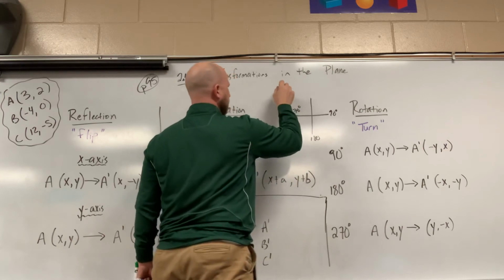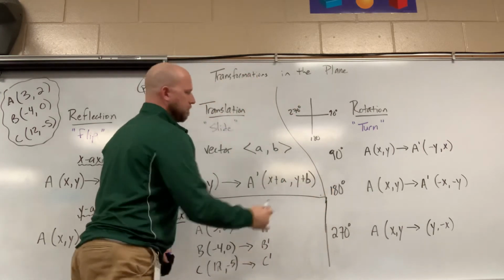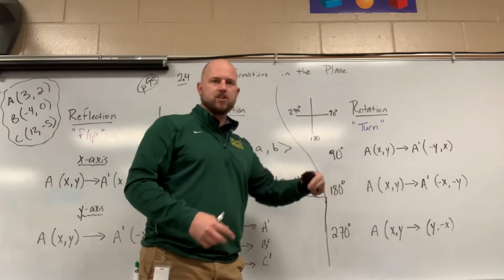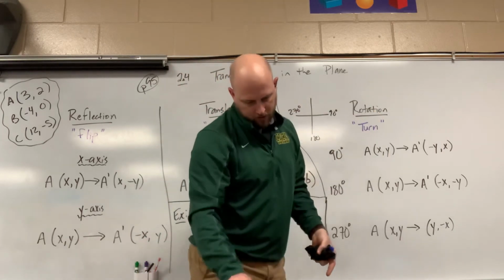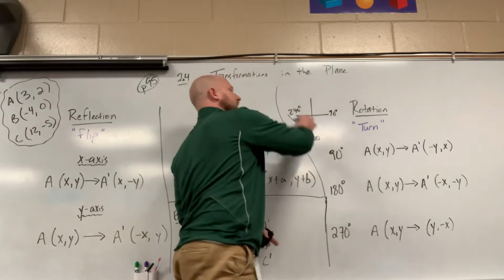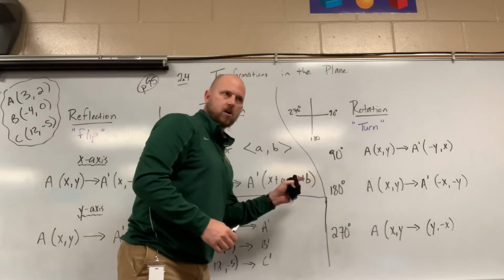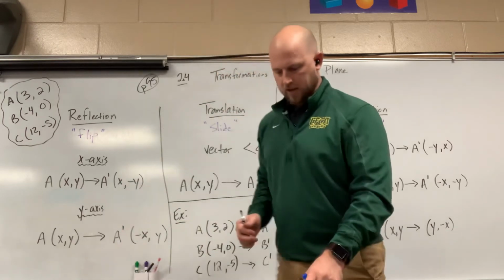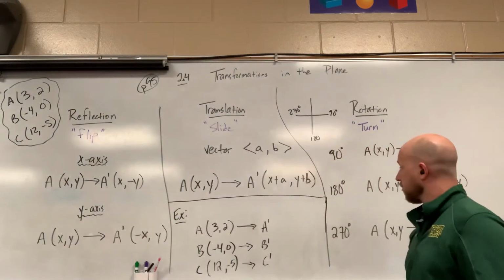The whole goal here is that when you're transforming something 90 degrees, it's good to know that everything is clockwise. When they say counterclockwise, you need to think the opposite. I'm going to do an example of clockwise and then counterclockwise in a minute, because on your homework, they give you both.